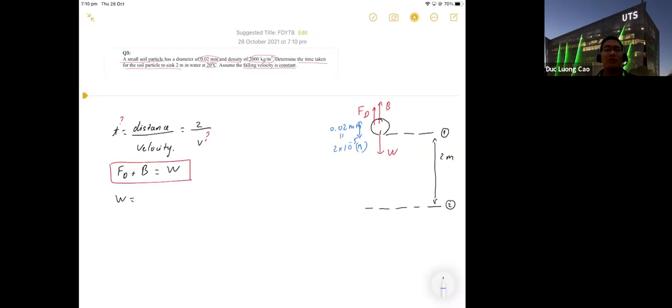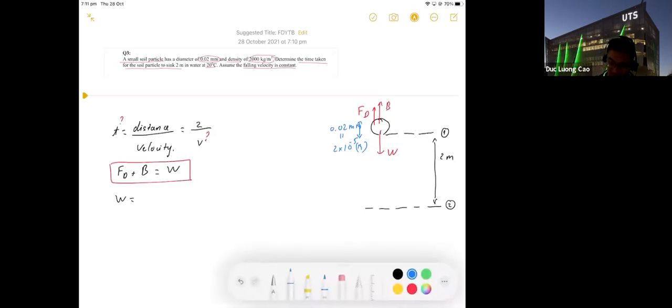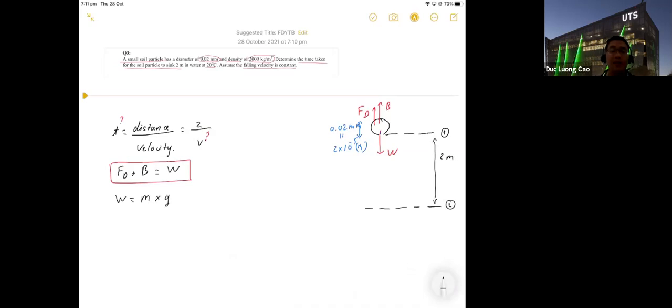Weight equal to mass times gravity, and mass equal to density times volume.